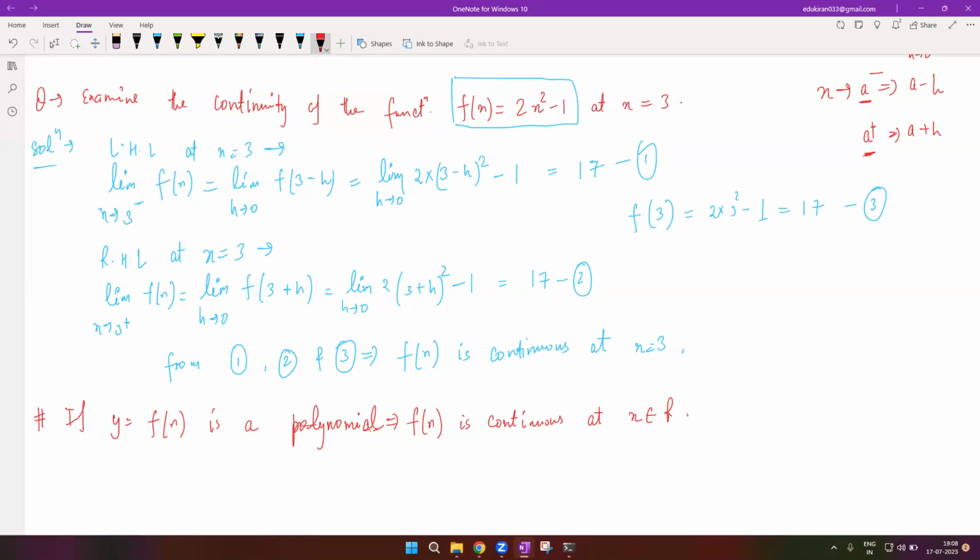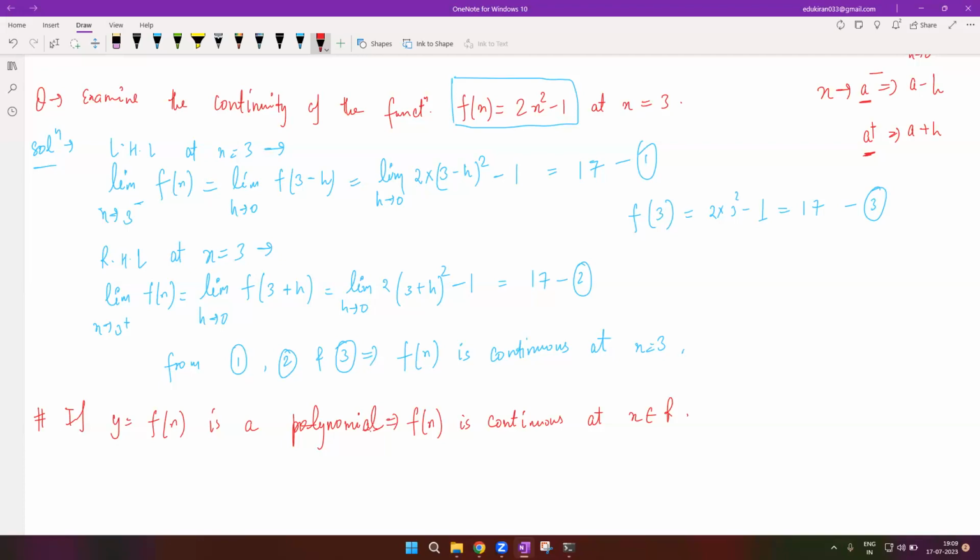So you can also use this result directly, that if f(x) is a polynomial, it is continuous everywhere. You don't need to even check. Polynomials are continuous. Polynomials do not have any point of discontinuity.